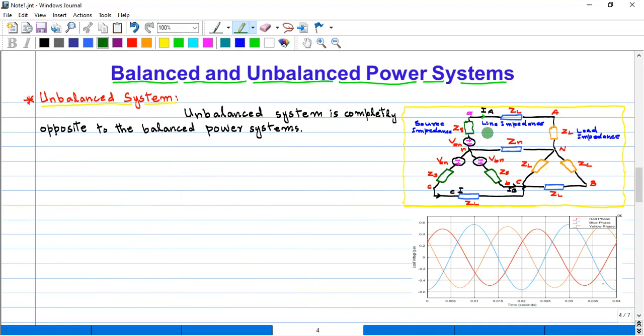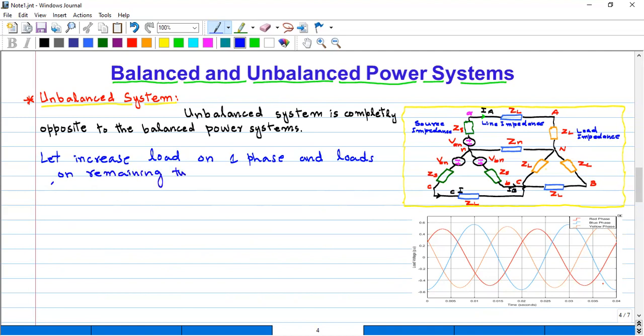Now, as you can see here in this figure, let us increase the load on one phase, and the loads on the remaining two phases are the same.